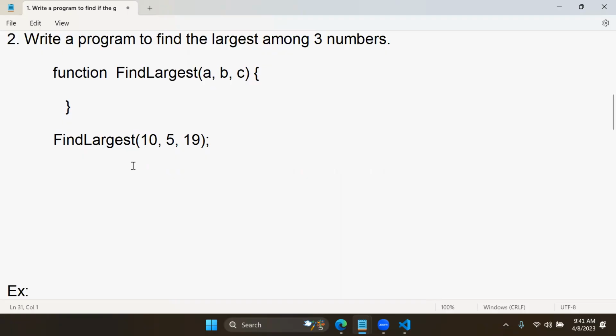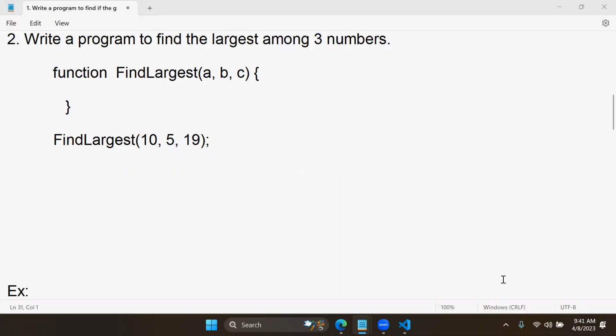Why are you writing that much? That much complexity is not required.